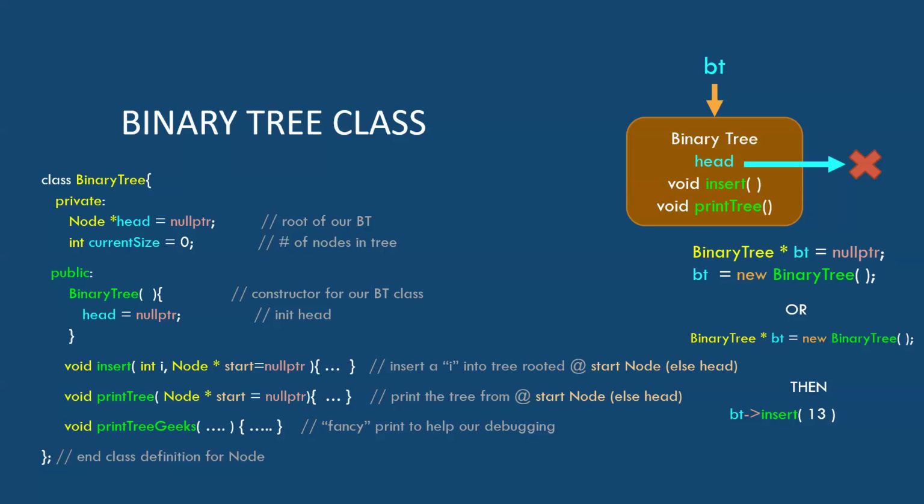That's how we call the insert method that's part of the binary tree class, not in any way part of the node. In theory, we'll write that and it'll work just fine. We'll write that here in just a second. But that's, at a high level, how we are going to access our tree. And assuming we fill it up with nodes, we could say BT print tree or print tree geeks. We'll see that in a second.